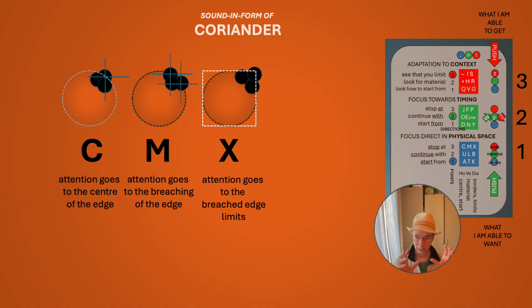I will show you the focus of attention. What is the difference? With the C, our attention goes to the center point of the edge, the edge itself. That means you see a limit, and that's where the associations come from.